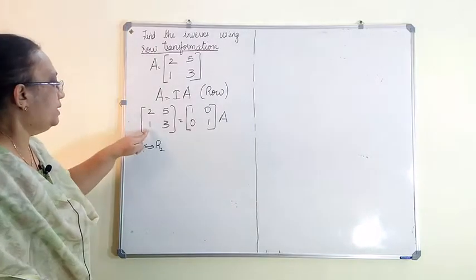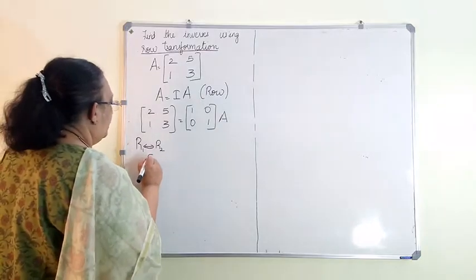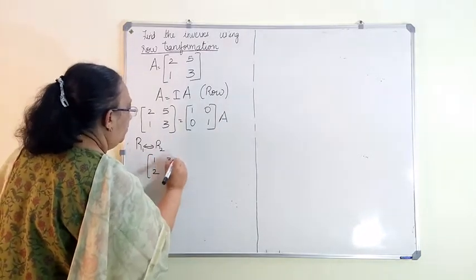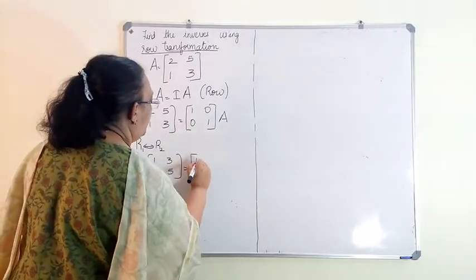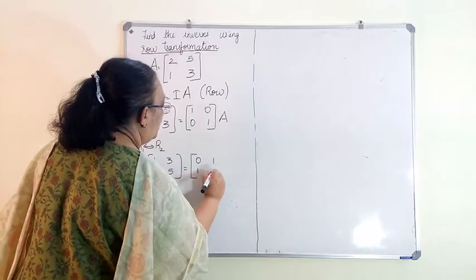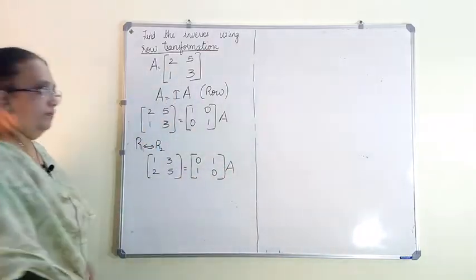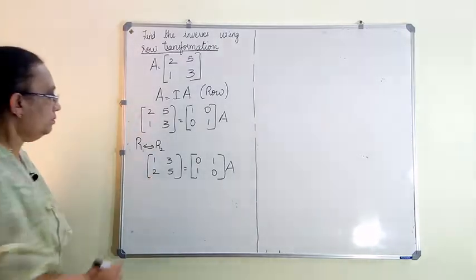Because here you have 1, I am switching it. It is equal to 1, 3, 2, 5 equal to, what will happen over here? 0, 1, 1, 0 into A. Okay. Now, this one should become 0.